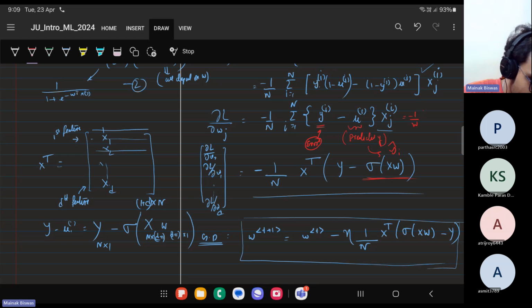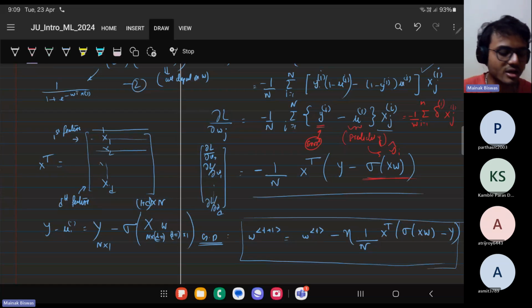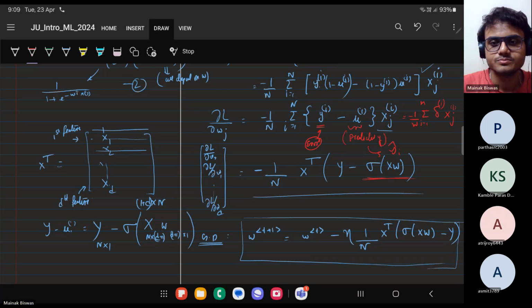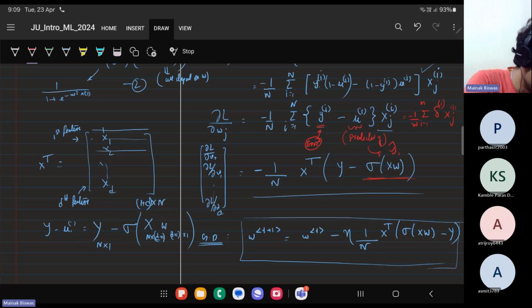So this is also the sum over i equals 1 to n of delta i. You take the weighted average of the errors from each training example, for each feature. Is the intuition clear? This is the actual. This is the predicted.